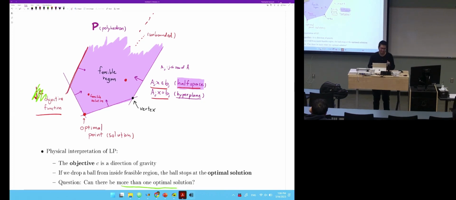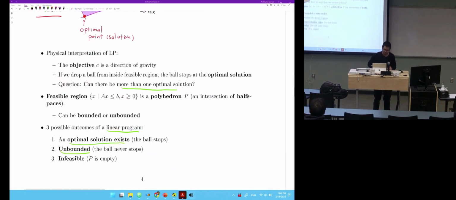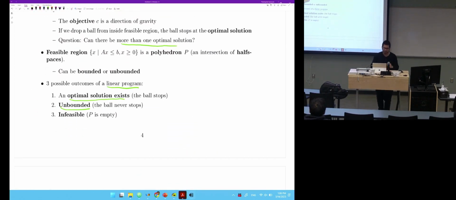Otherwise, another case is when this polyhedron is just empty, the intersection of everything. Let's say I have another constraint that says anything below this thing, then the intersection is now empty. So there's nothing to optimize for. In this case, the problem is called infeasible.